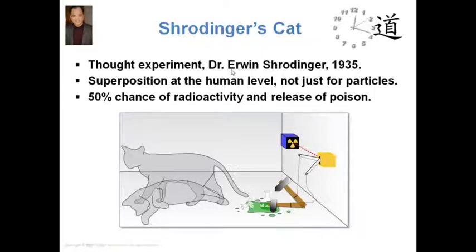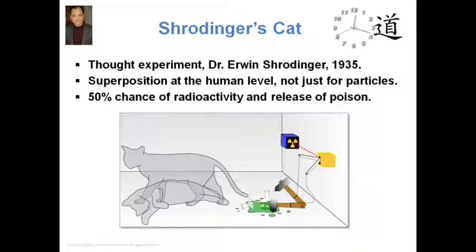So what Dr. Schrödinger wanted to demonstrate was that it's not just for photons and electrons and particles, that duality, the quantum duality, can extend all the way into what we can perceive, into affecting objects and living things at the human level.